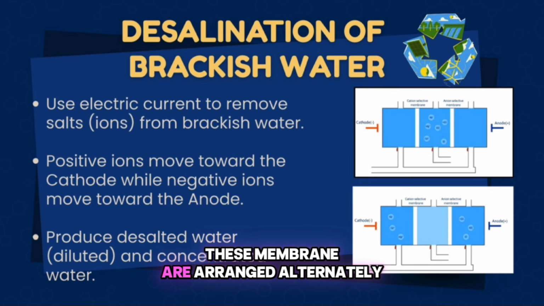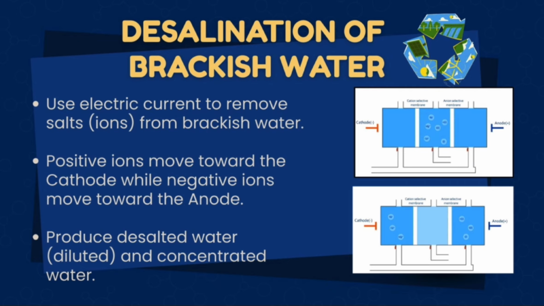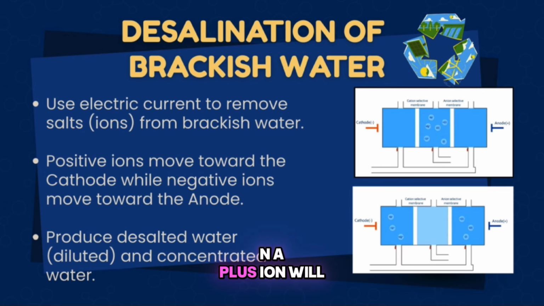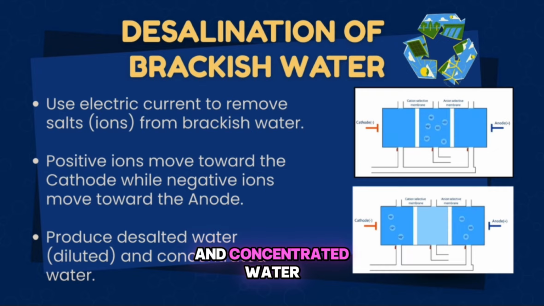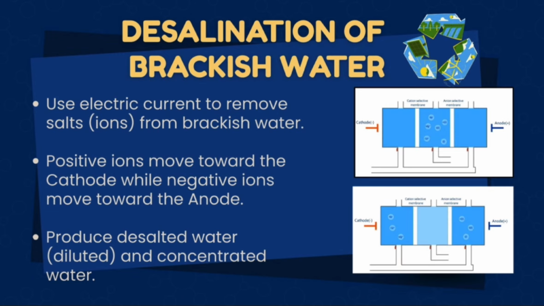These membranes are arranged alternately between two electrodes, which are the cathode and anode. When the electric current is applied, Na+ ions will move to the cathode, while Cl- ions will move to the anode. This will produce diluted water and concentrated water. Diluted water can be used as drinking water.